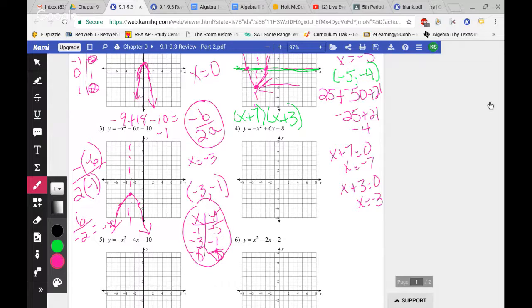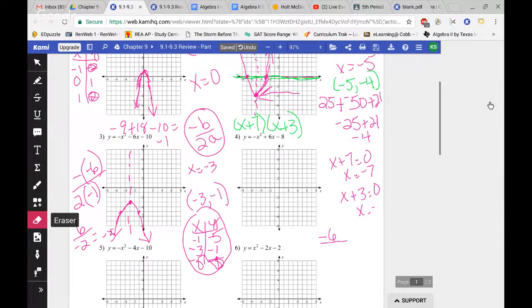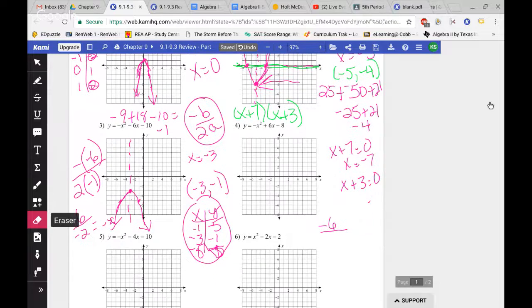For number 4, let's see. For the vertex, the opposite of b is -6. I'm going to erase some of this stuff right here. I really got in the way of myself. Wouldn't it be a -3 again? Oh, it looks like it.